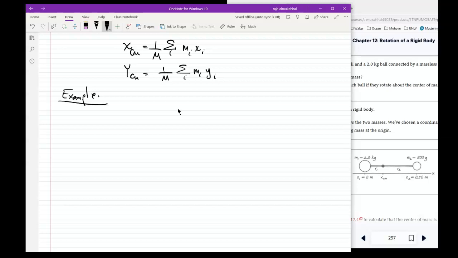I'm going to draw also the barbell. So you have one mass here and a smaller one here. This is 2, this is 1. The center mass is somewhere here. Then we have the x-axis right there. That's the x-axis, and this is x equals 0, given to us.